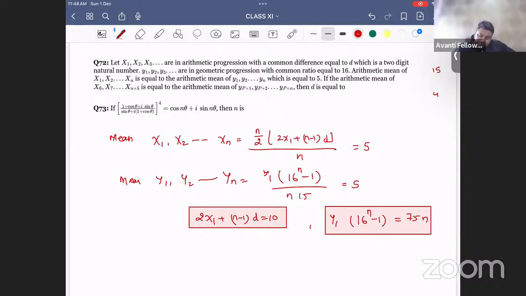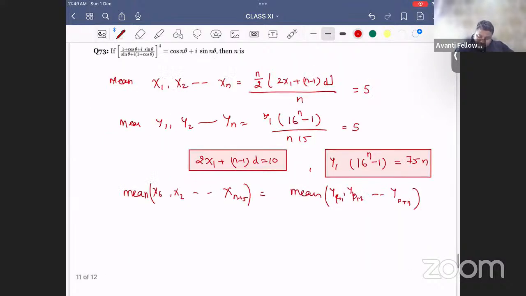Now mean of x6, x7, and so on up to xn plus 5 is also equal to mean of y1, yp plus 1, yp plus 2, and so on up to yp plus n.